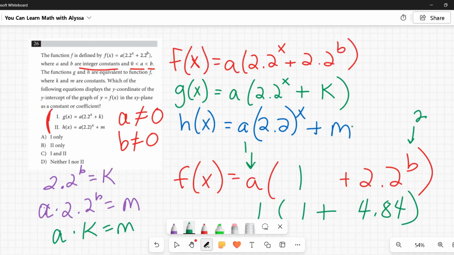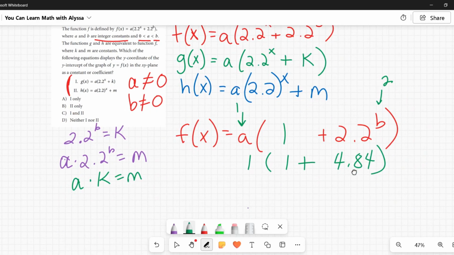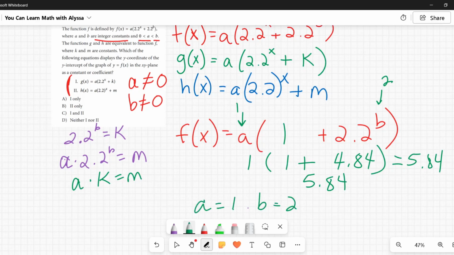Okay, so again, here's our scenario. 1 times 1 plus 4.84 is 5.84. 1 times that is 5.84. So when A is 1 and B is 2, then the y value of my y-intercept is 5.84.